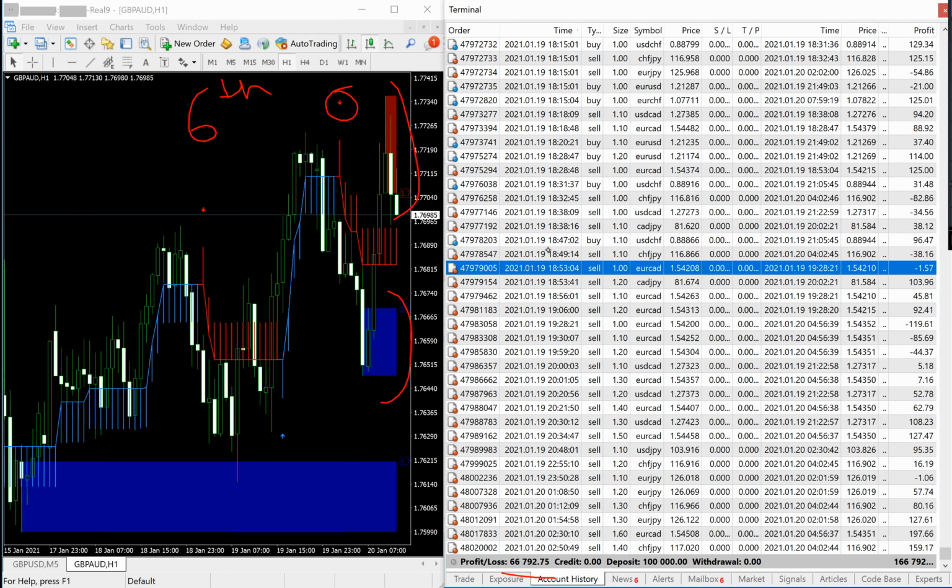Here we are doing day trading. You can see over here that the trade was placed at 18:54 and closed at 19:54, so the trade was open for 1 hour. Scalping is not being used on this account; purely holding or day trading is being done.